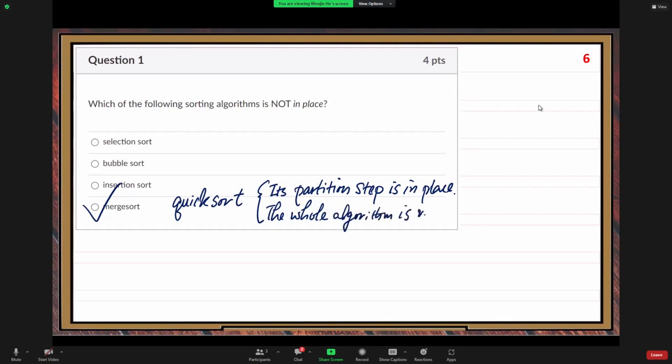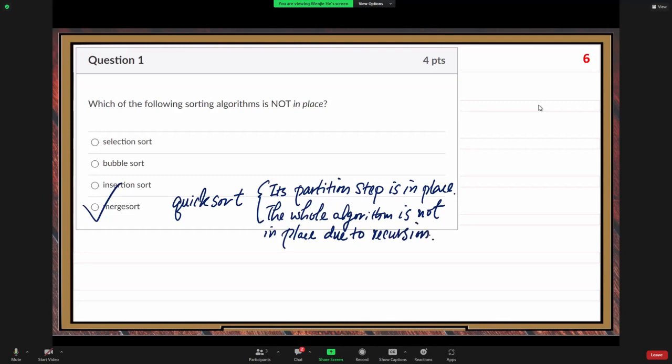Is not in place. Due to recursion. Okay.